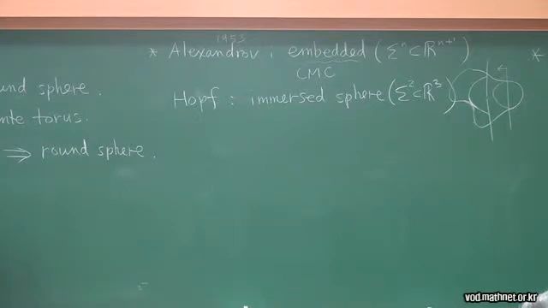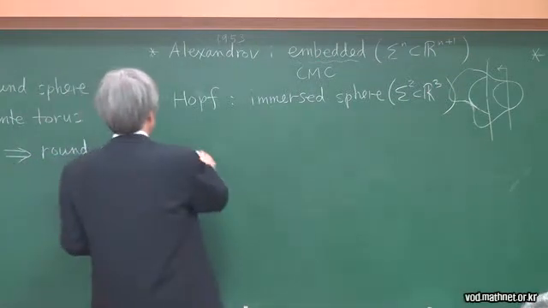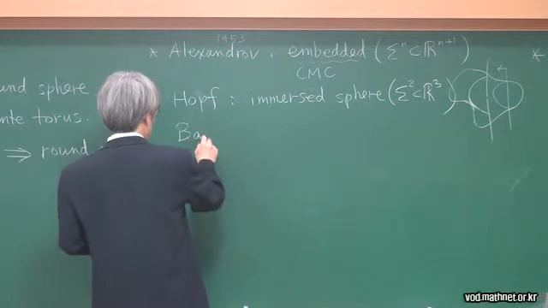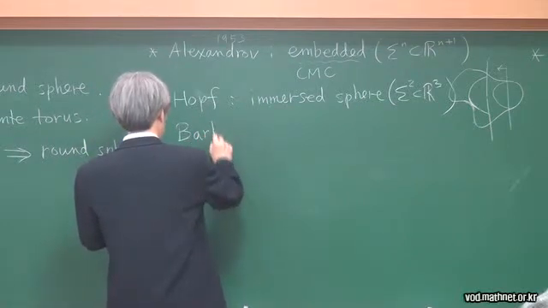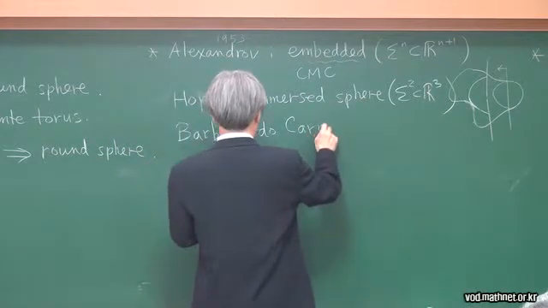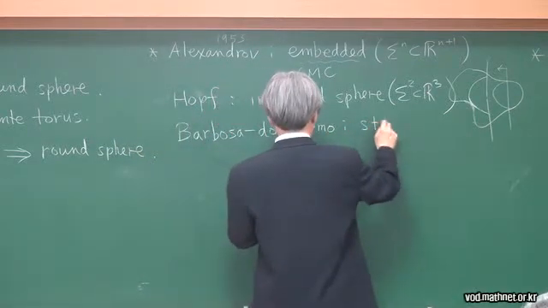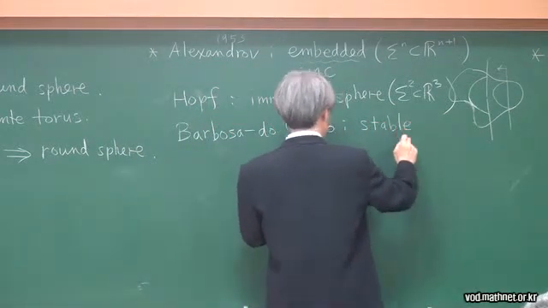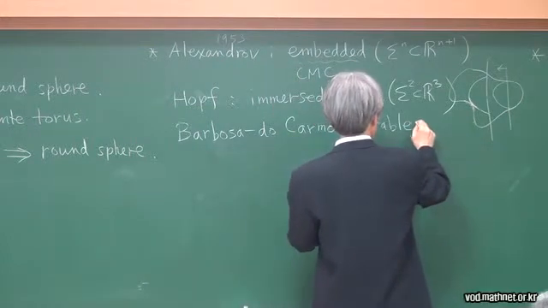Sphere is the only closed surface with positive Euler characteristic. And the third condition was obtained by Barbosa and do Carmo. They assume that a stable CMC surface is round.